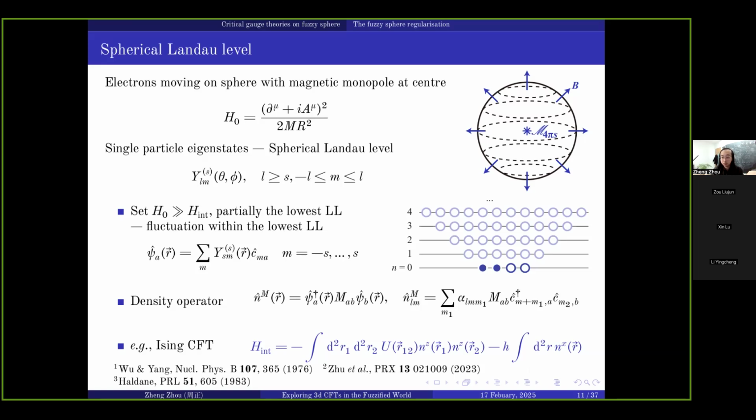Typically we don't deal with those conditions. So we just assume that the single particle gap is infinite, so that the electrons cannot hop from the lowest Landau level to the higher Landau levels. It is just a consideration of the model design.